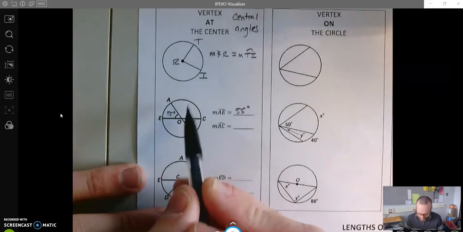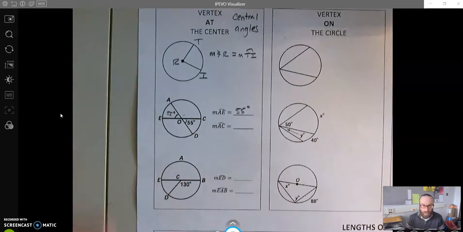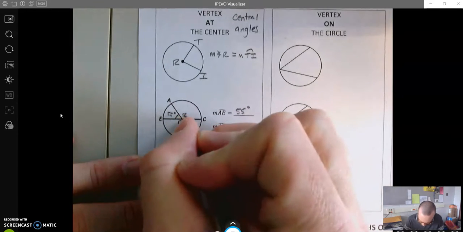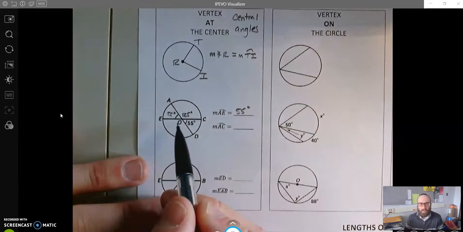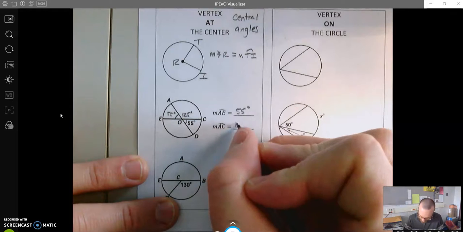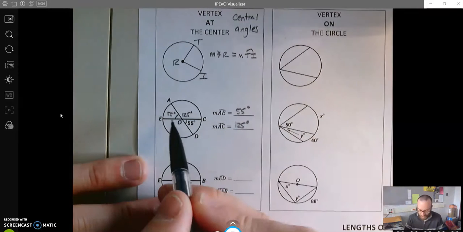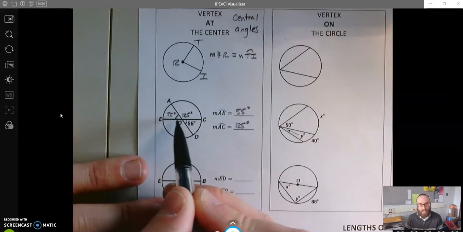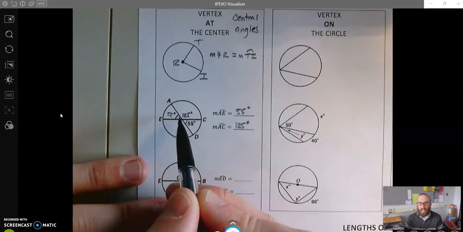Arc AC intercepts this angle. I'm going to do 180 minus 55 and get 125 degrees there, meaning that this arc is 125 degrees. I got that because they're a linear pair. They're supplementary angles there.